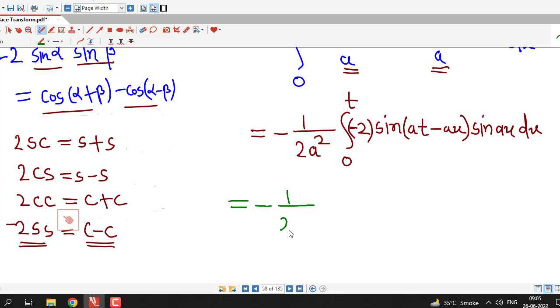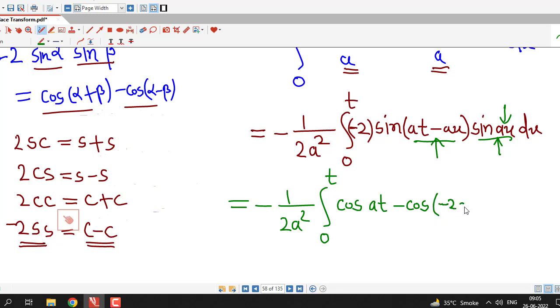This is minus 1 by 2a square integral from 0 to t of cosine of the addition of these two angles, at minus au plus au, that is au will cancel out and we are left with cos at, minus cosine of at minus au minus au, that is going to be minus 2au, that I can rewrite as minus 2au plus at, integral is with respect to u.